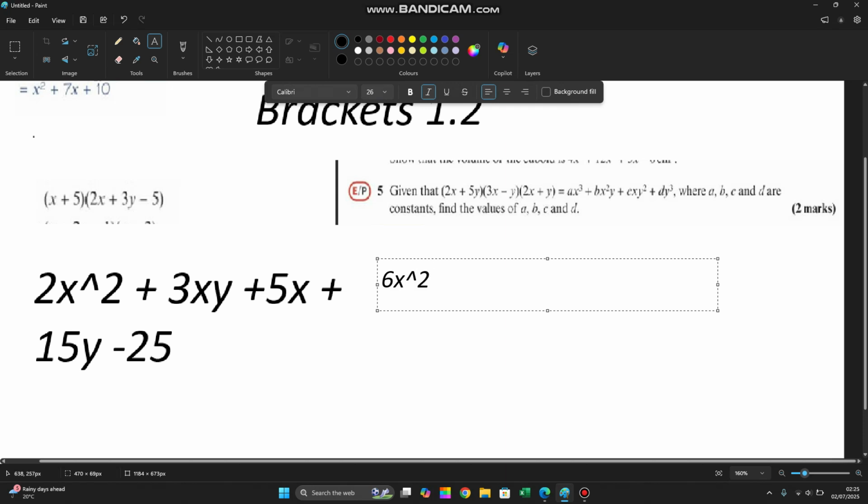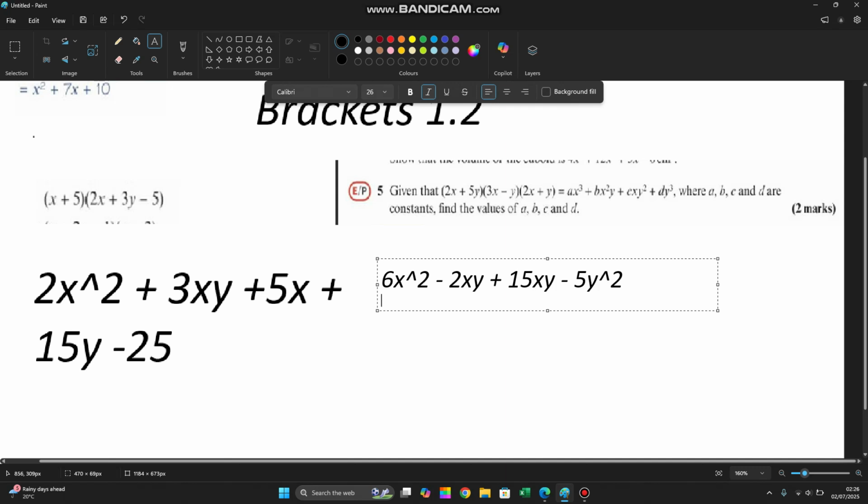And then we times 2x by minus y, so the second part of the second bracket, we get minus 2xy. Then we do 5y, so the second part of the first bracket times 3x, we get plus 15xy. And then we do 5y times minus y, to get minus 5y squared.